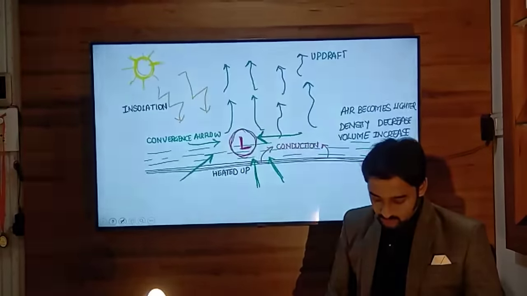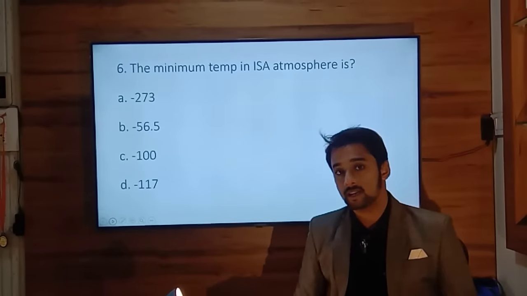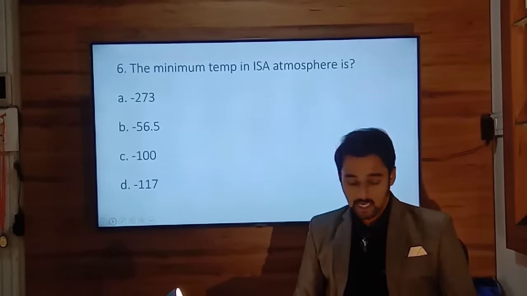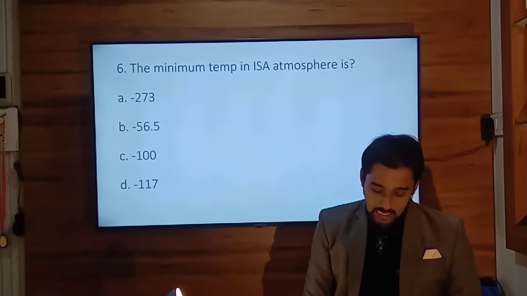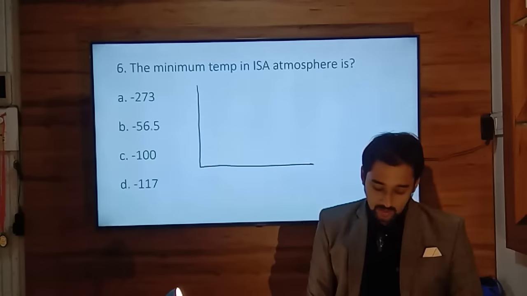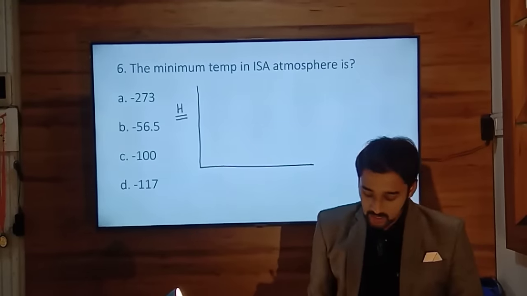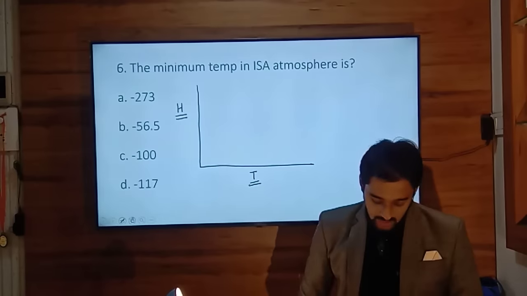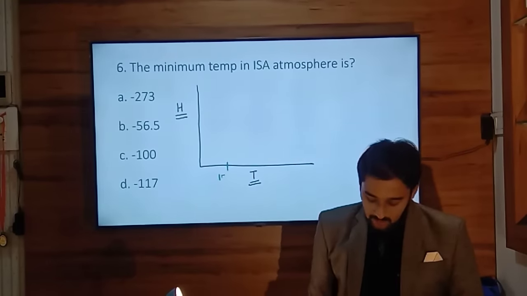Question number 6. The minimum temperature in the ISA atmosphere is what? Okay, so again this we have covered in the previous quiz. According to ISA, if this is your height, the vertical axis is represented by height, and the horizontal axis is represented by temperature. We have 15 degrees Celsius at mean sea level.